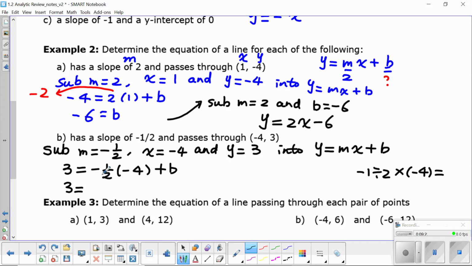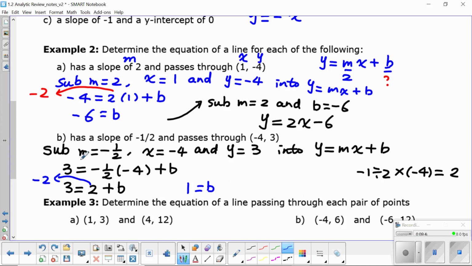So 1 over 2 means 1 divided by 2. Then you will find out the answer is 2. So 3 equals 2 plus b. Then in order to find the b, we move the 2 to the other side. Opposite operation is minus 2. Then you will have b equals 1.